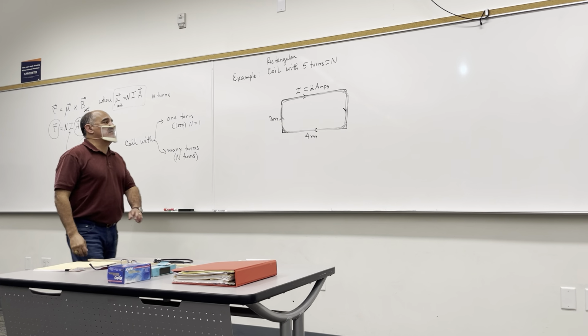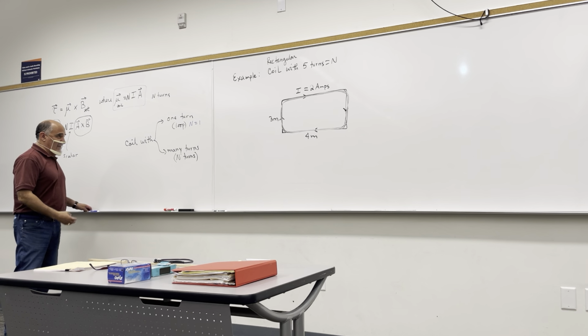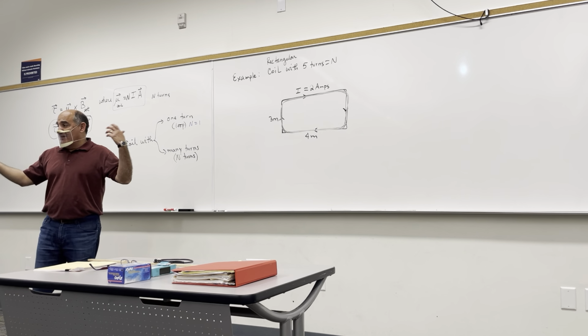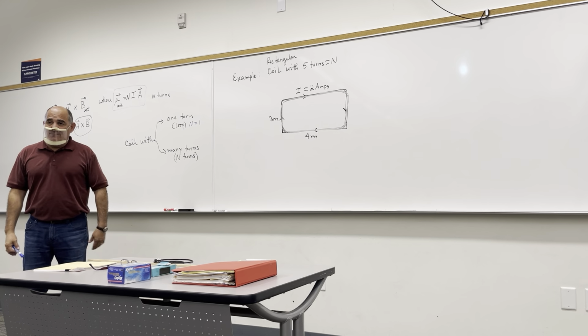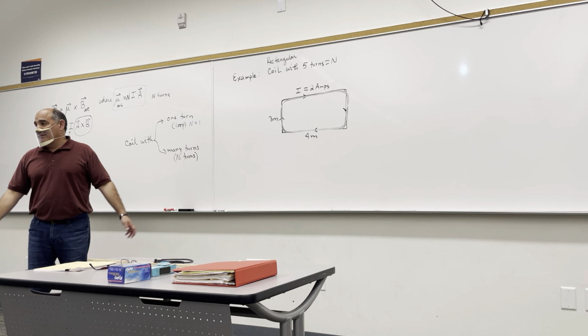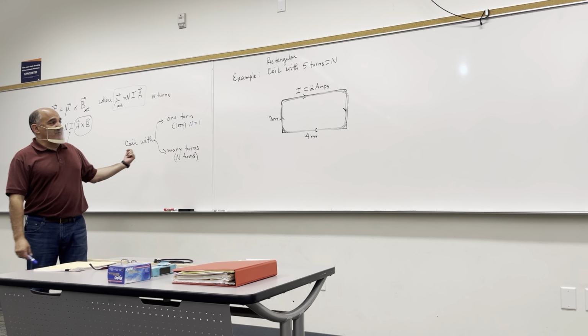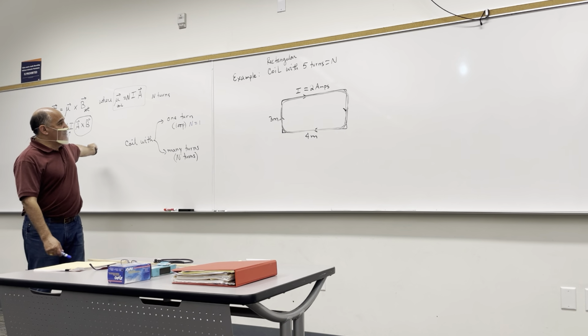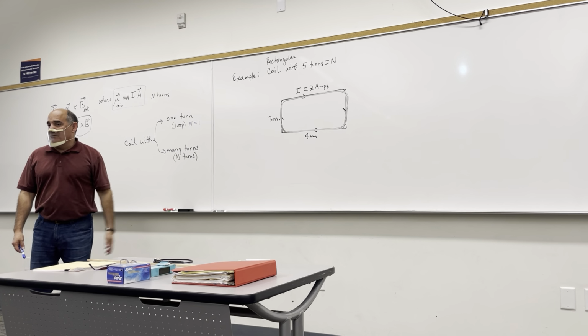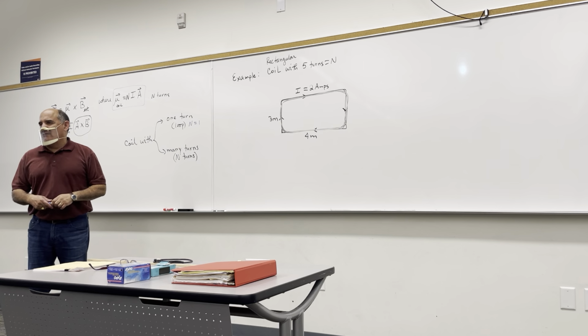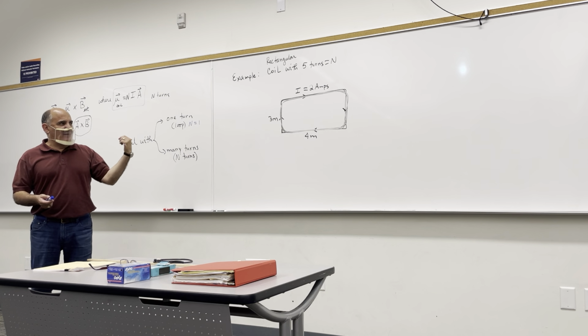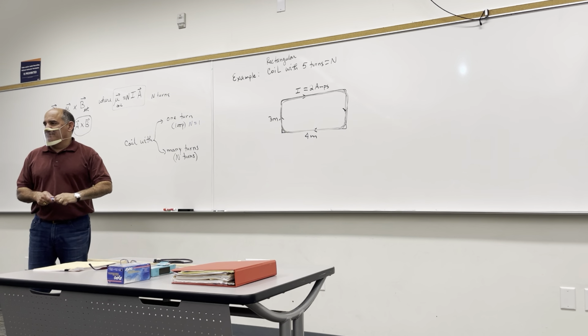Let's place this coil with 5 turns in some magnetic field generated by something else. What direction would you like that magnetic field to be? Just say right, left, up, or down the board. Up.